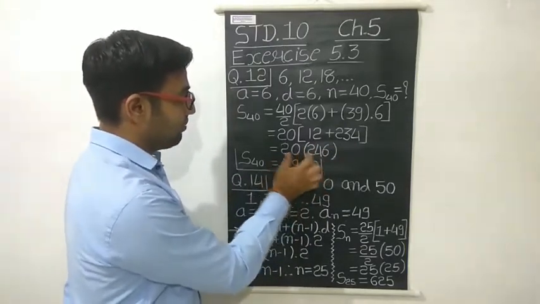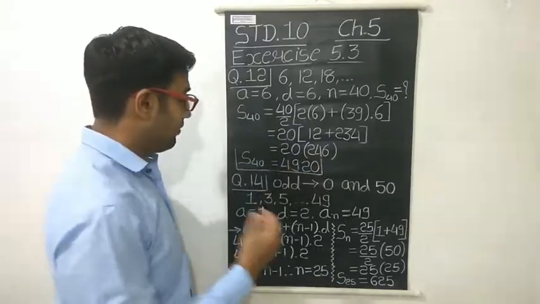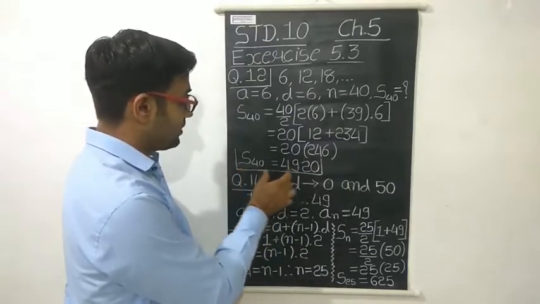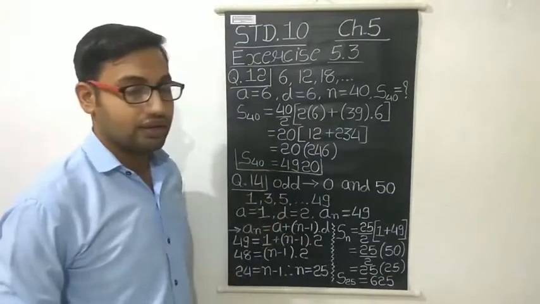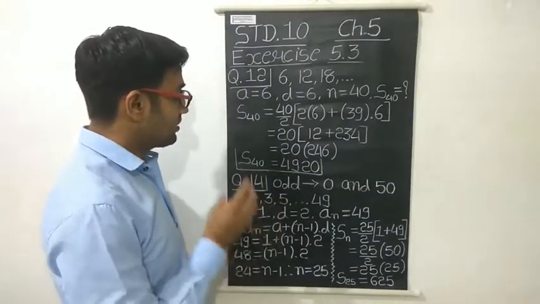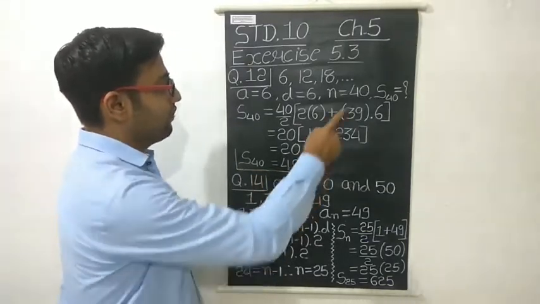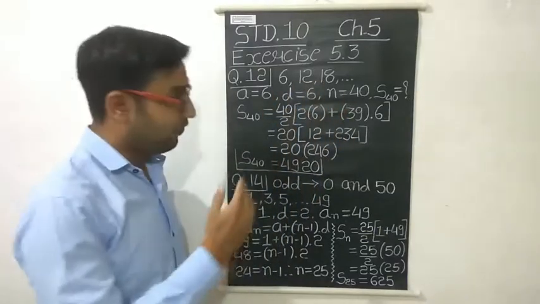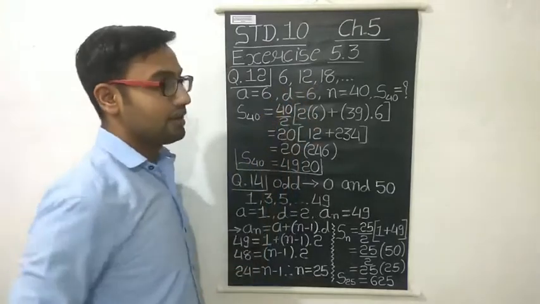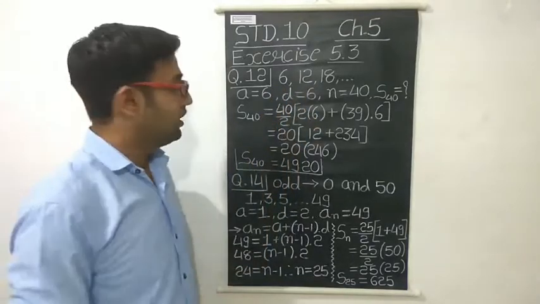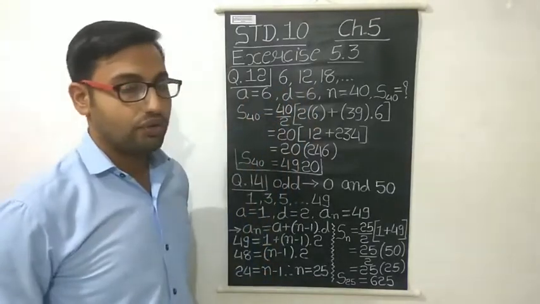If we multiply 20 and 246, we get the answer S40 is equal to 4920. So this is the sum of the first 40 terms of an AP of the numbers which are divisible by 6. Okay, so this is question number 12.